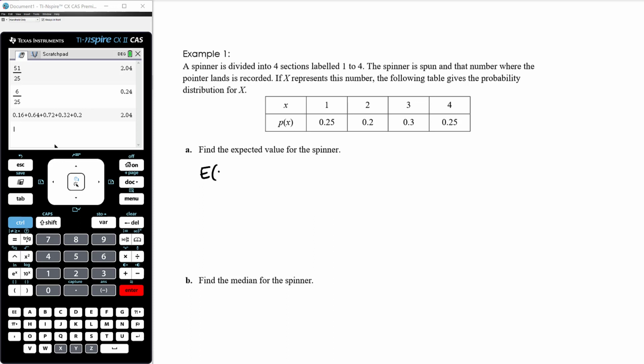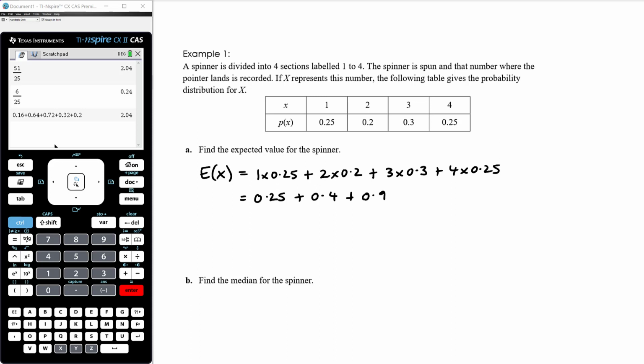So expected value of x, we take each data value and multiply it by its probability. So we're going to have 1 times 0.25 plus 2 times 0.2 plus 3 times 0.3 plus 4 times 0.25. Okay. Now, I'm writing it out so you can see exactly what's happening, but you would do those calculations in your head as you go. 1 times 0.25 is just 0.25, 2 times 0.2 is 0.4, 3 times 0.3 is 0.9, and 4 times 0.25 is 1.